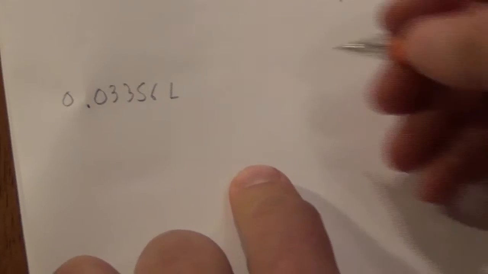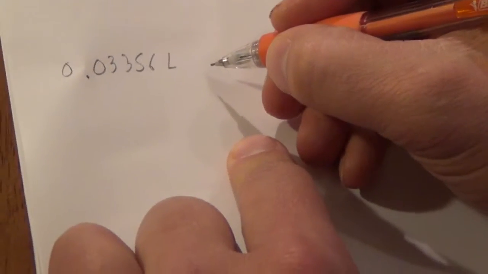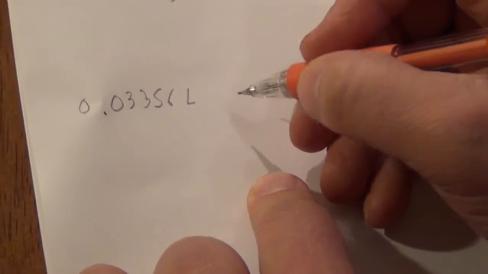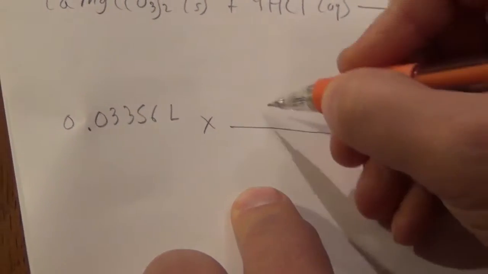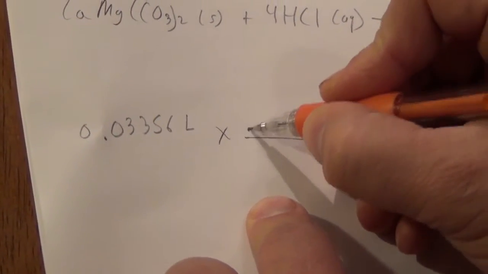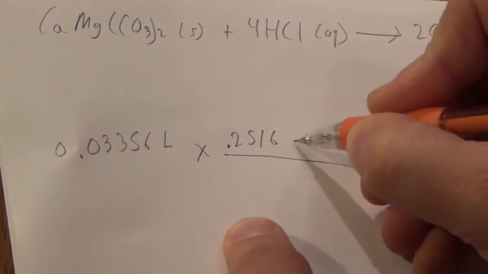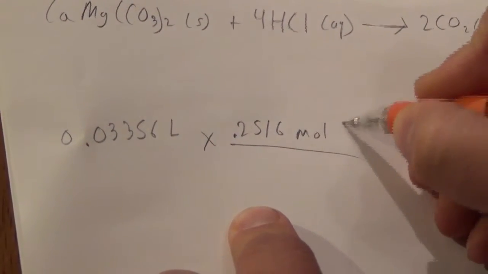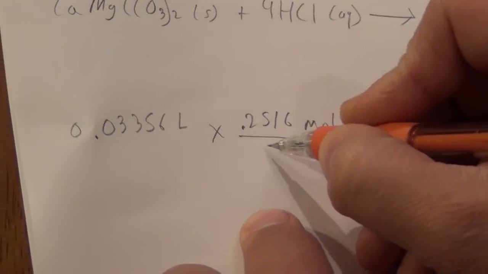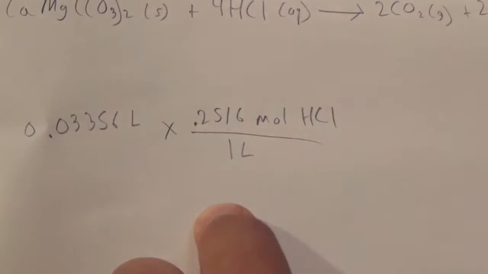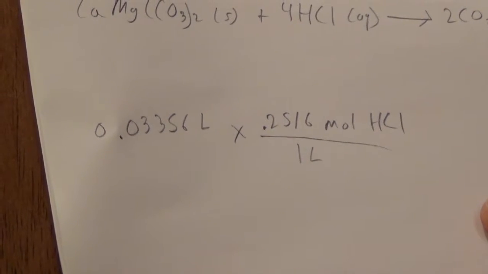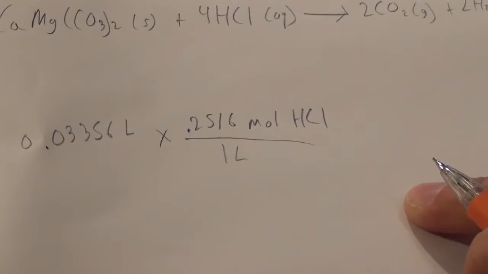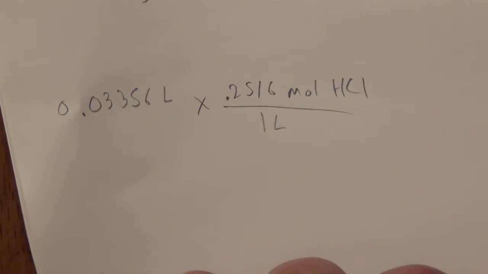So molarity's conversion factor is moles over liters. So we're going to multiply that by 0.2516 moles of HCl over 1 liter. Okay, so from there we want to use that in order to go to dolomite.